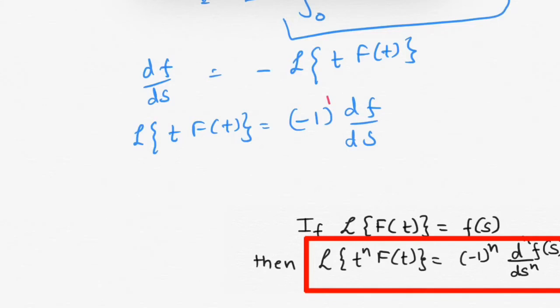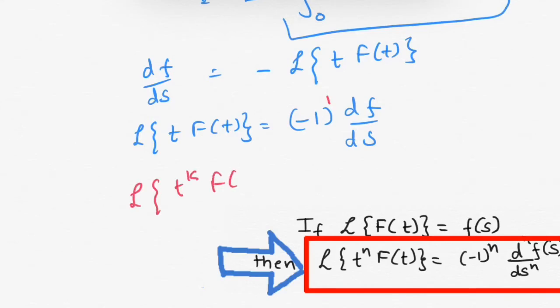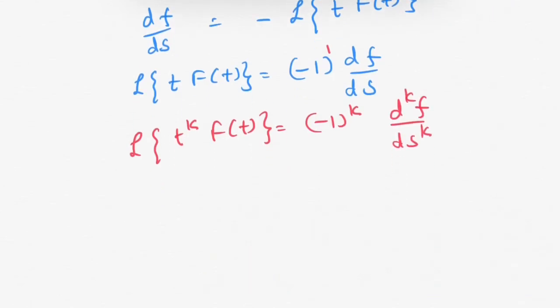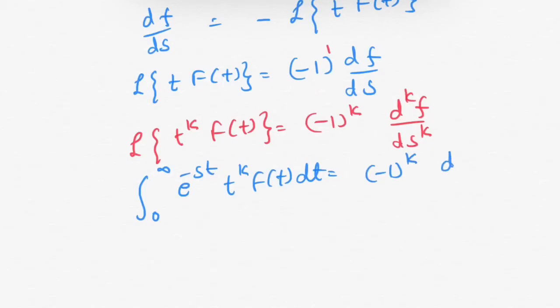Now let us assume that this formula is true for n equals k, that is, the Laplace transform of t^k f(t) equals (-1)^k d^k F/ds^k. By definition, the Laplace transform of t^k f(t) is the integral from 0 to infinity of e^(-st) t^k f(t) dt, which equals (-1)^k d^k F/ds^k.